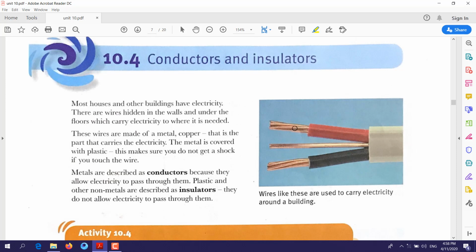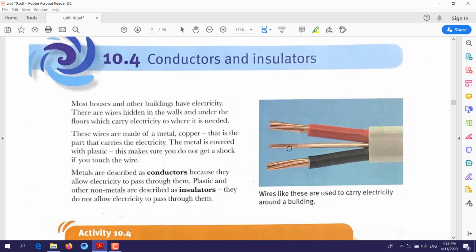this wire or this metal, which is copper here, will be covered with plastic. Why? The plastic will prevent the transfer of electricity. It will prevent contact between this metal and this metal. This one has a positive charge, this one has a negative charge.